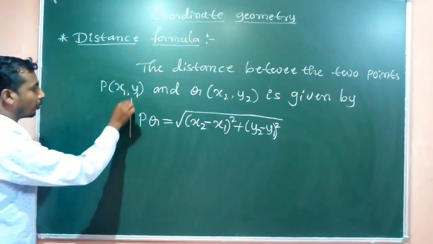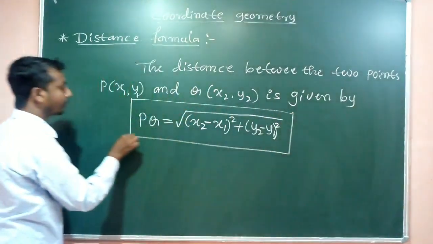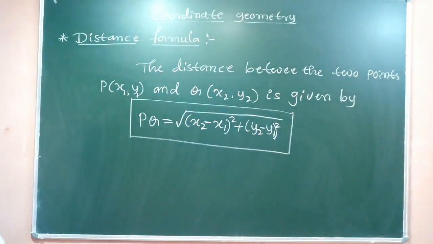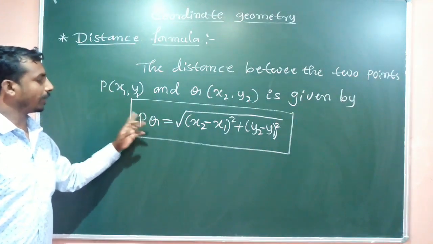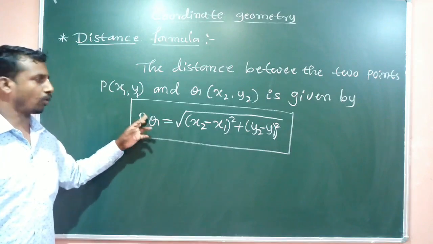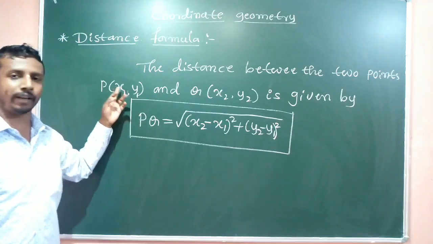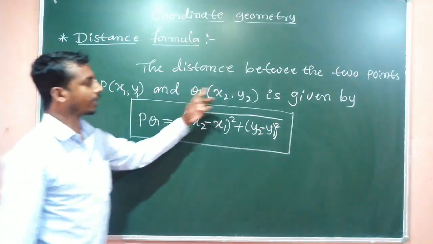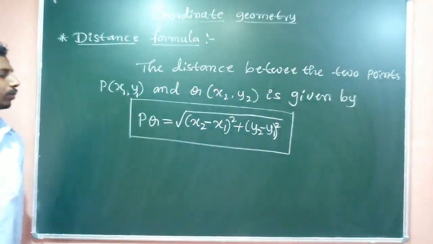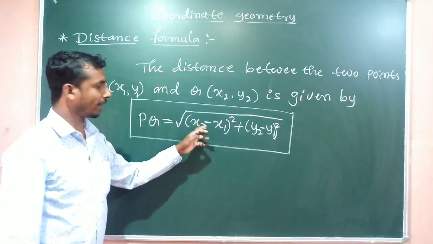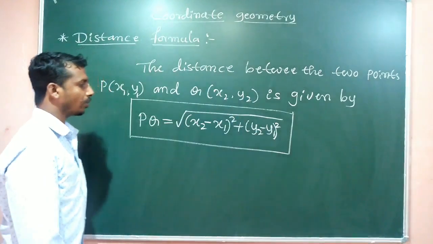This formula is known as the distance formula. PQ means the distance between the two given points. The distance between the two points P(x1, y1) and Q(x2, y2) is PQ equal to the square root of (x2 minus x1) whole square plus (y2 minus y1) whole square.